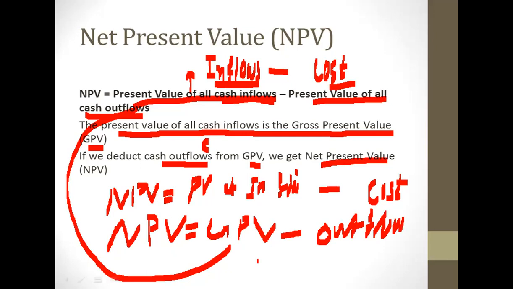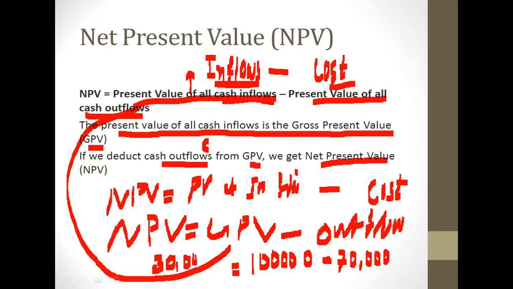Let us suppose that the GPV is 1 lakh, and the cost of the project is 70,000. Then the net present value is equal to 30,000. That's the meaning.